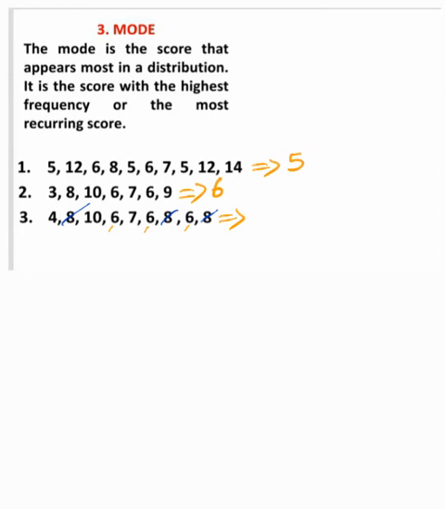Therefore, the mode of the distribution is 6 and 8. This is called a bimodal distribution. Any distribution that has 2 modes is called a bimodal distribution.